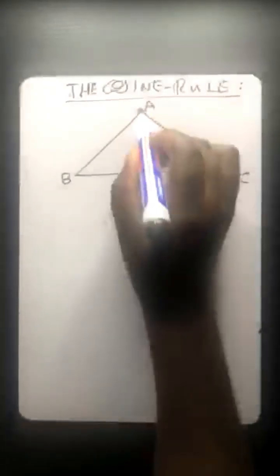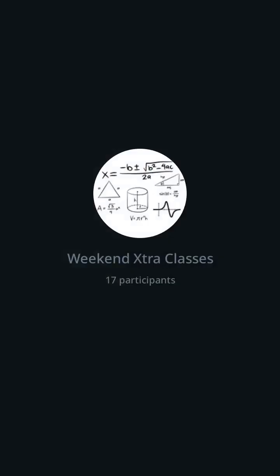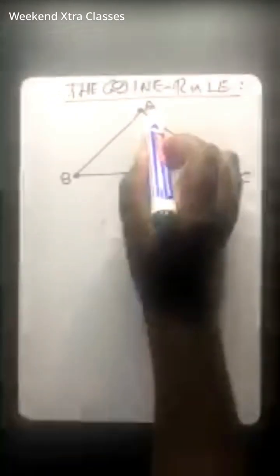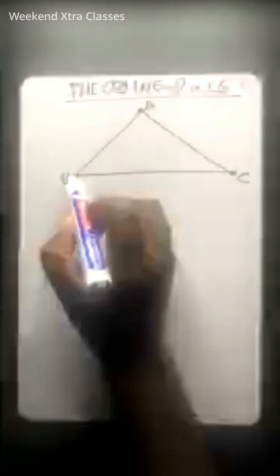So let's see. Remember, when you are dealing with just a triangle, let's say we have A, B, C. In most cases, the corners are written in capital letters, so that when we talk about a side, it's capital letter AB, that is the side; AC, that is the side; BC, that.